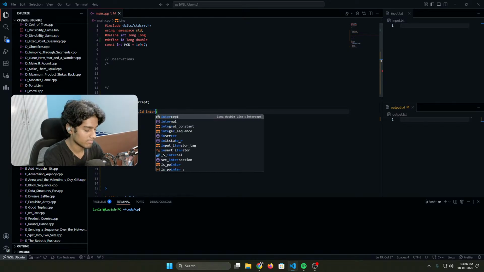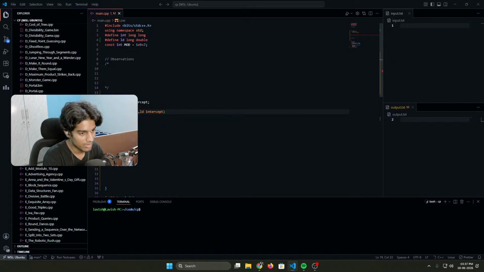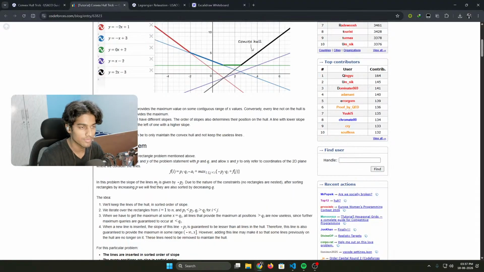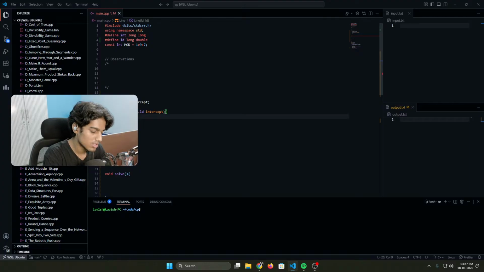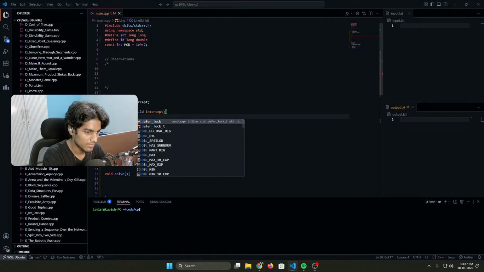Oh my god. Okay. How do I initialize this? So slope equals what?